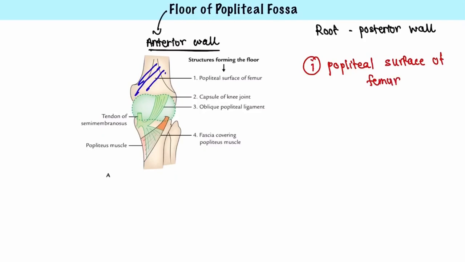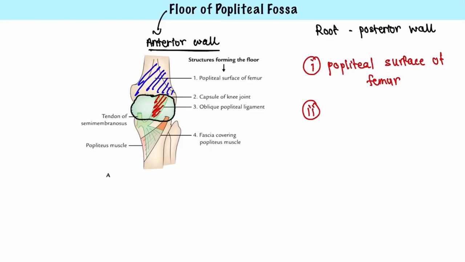This is the popliteal surface of femur. Second, capsule of knee joint and oblique popliteal ligament. So this is the capsule of knee joint and this one is the oblique popliteal ligament.